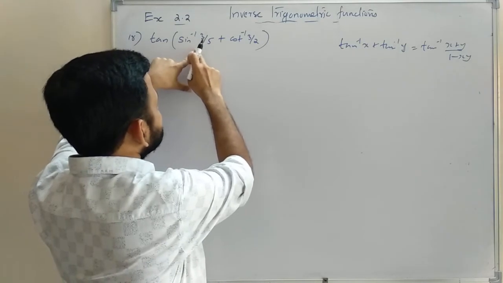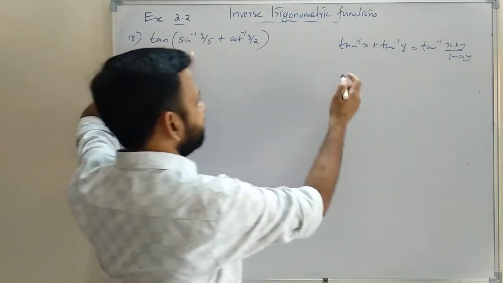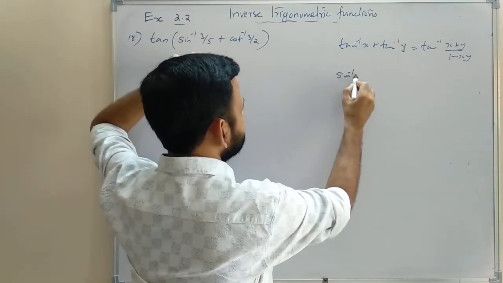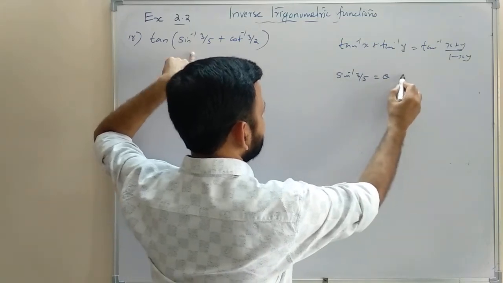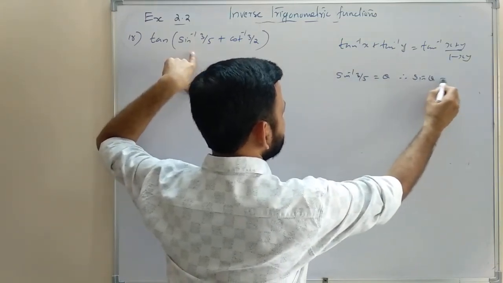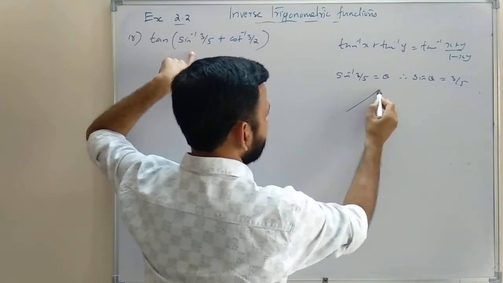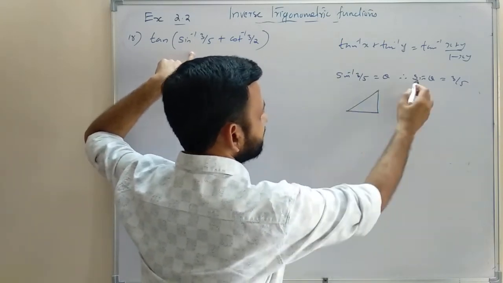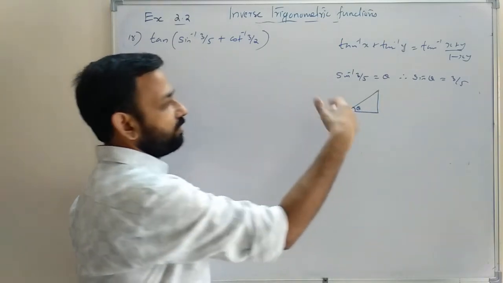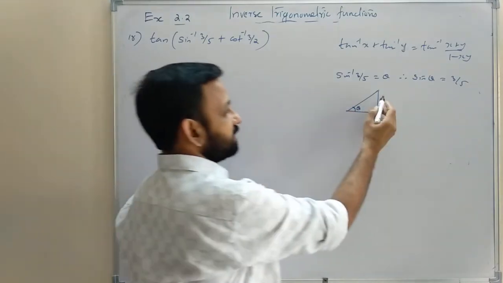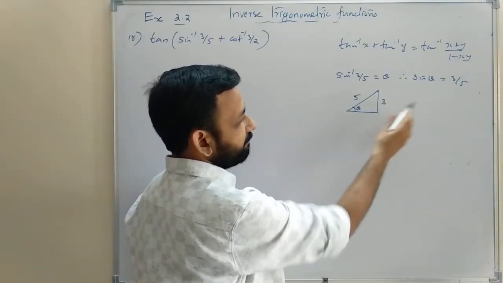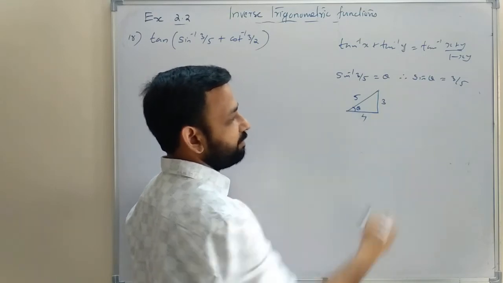First we reduce sin inverse 3 upon 5 into tan inverse form. Let sin inverse 3 upon 5 be equal to theta. Therefore, sin theta is equal to 3 by 5. We can draw a right triangle: opposite side 3 and hypotenuse 5. When we apply the Pythagoras theorem, the base will be 4.